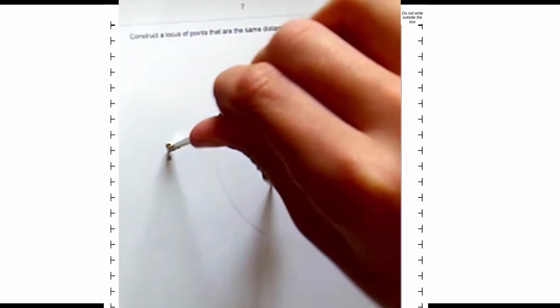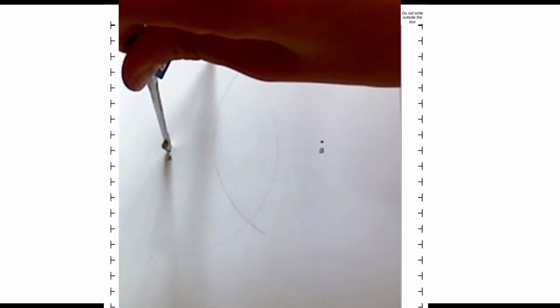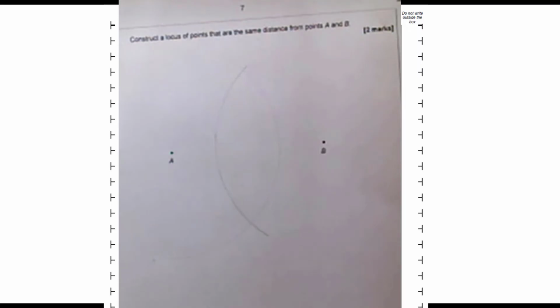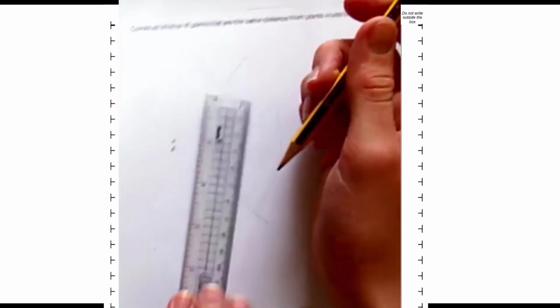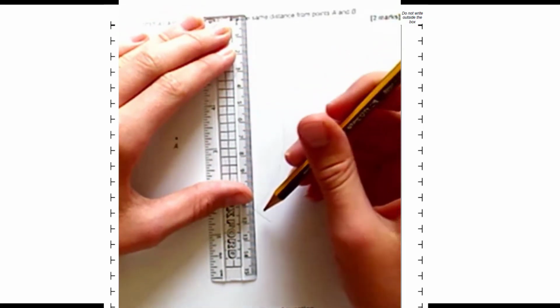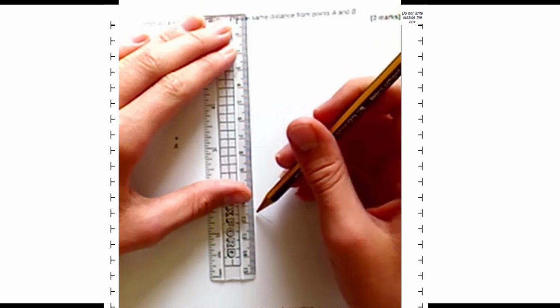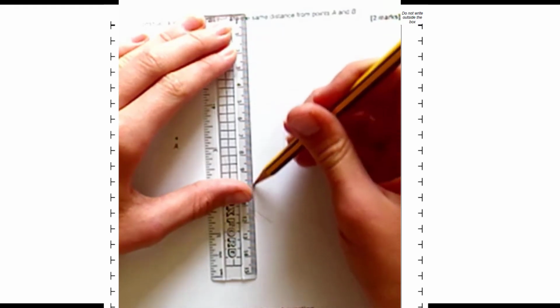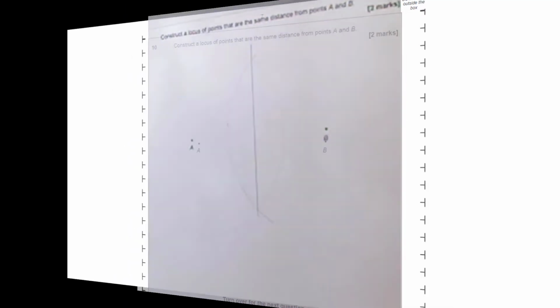And what you'll find is those 2 arcs cross at 2 points. So once you've got your 2 arcs and your 2 crossing points, you pick up your ruler, you align it up with your 2 crosses, and you draw your straight line between them. And that will be your perpendicular bisector.